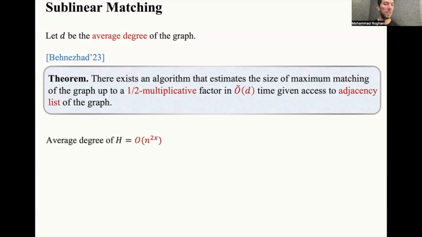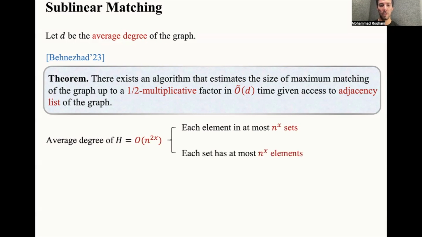Here, in our application, the average degree of the graph is n to 2x. The reason is that each element is in at most n to x sets. Also, each set has at most n to x elements. So if two elements appear in the same set, each element appears with at most n to 2x other elements.